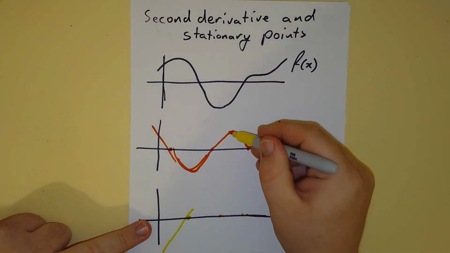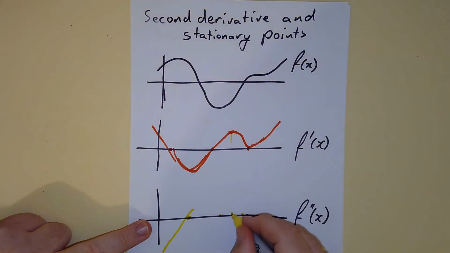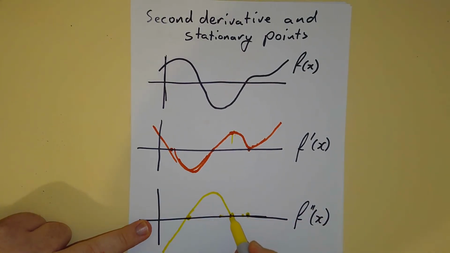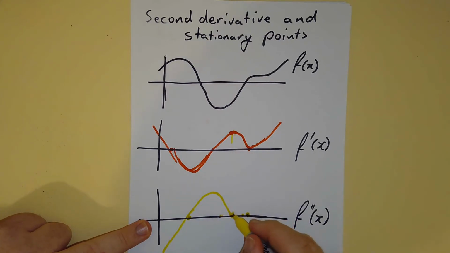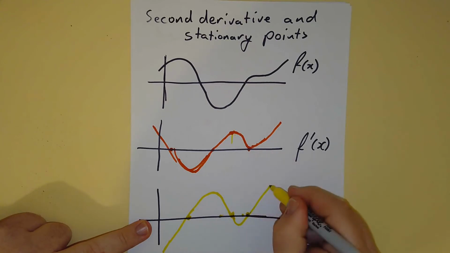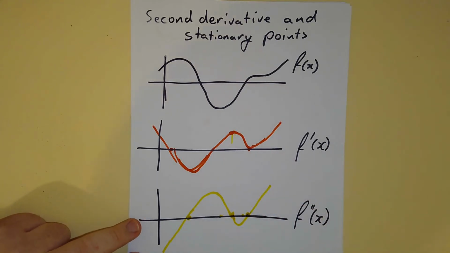Sorry, it's a little bit offline. I'm going to redraw that. And then here it becomes 0 again. It's negative for a little bit through this bit, and then it goes positive again. So that's my second derivative.